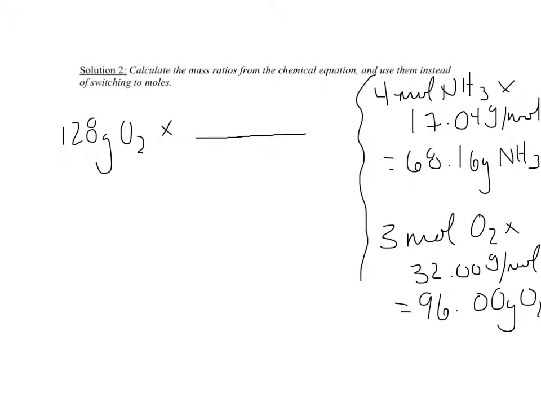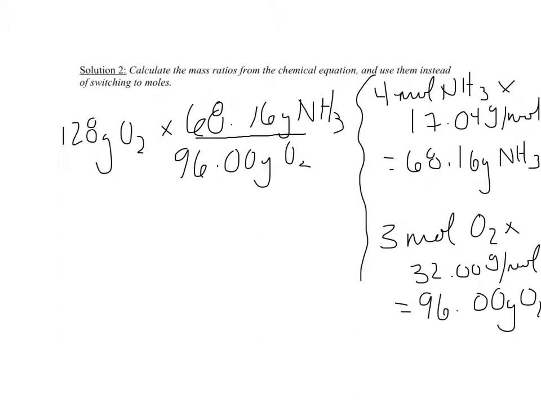So I'm going to take these, and if you look at the way it's set up, we have oxygen. We're going to want to get rid of oxygen. So we're going to put oxygen on the bottom, so 96.00 grams of O2. And then I'm going to write ammonia on the top. So that's going to give me 68.16 grams of ammonia.